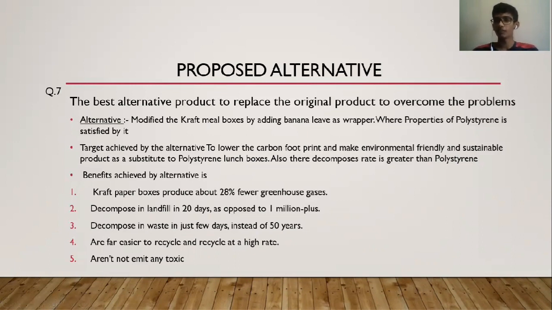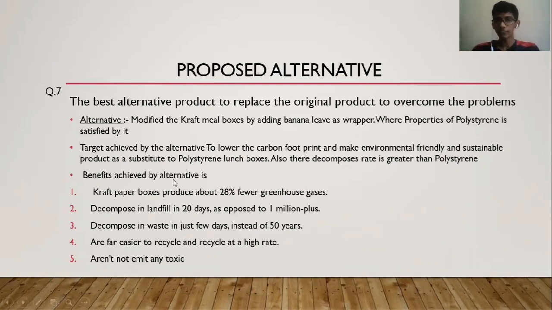This is important. We satisfy the properties of polystyrene, and our target is achieved through the alternative, reducing the footprint by 70%, and it's very environmentally friendly and a good sustainable substitute for the polystyrene lunchbox.